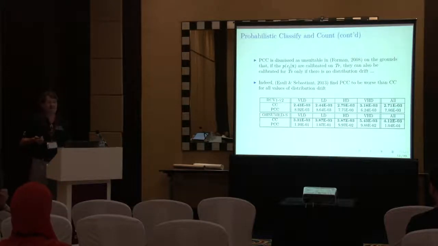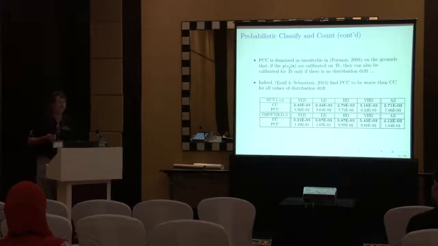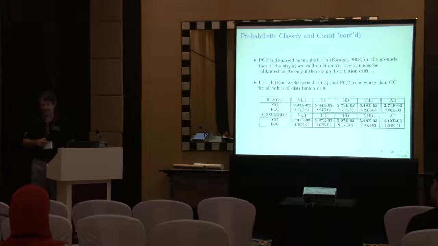He says the very notion of wanting to do quantification rules out using the posterior probabilities, because we have distribution drift, and those posterior probabilities are not good anymore once we apply them on the test set. Of course, yes?